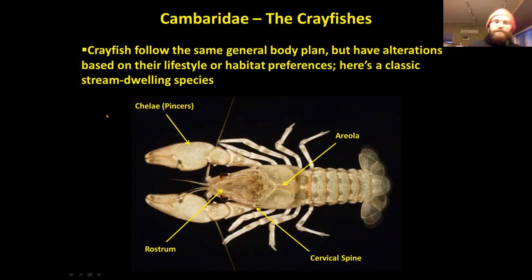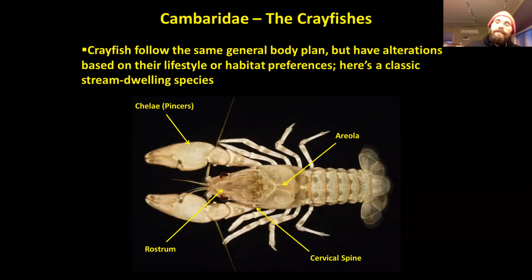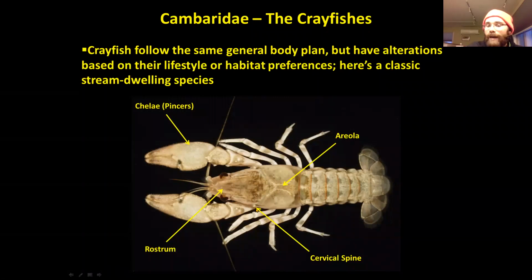So when it comes to a stream-dwelling species of crayfish, the classic thing that most people think about, they are going to have spines on their bodies. So along this rostrum, you can see they've got these pointed ends here. They have spines on their bodies to help protect them from fish predators, because that's what's going to be living within those stream systems.